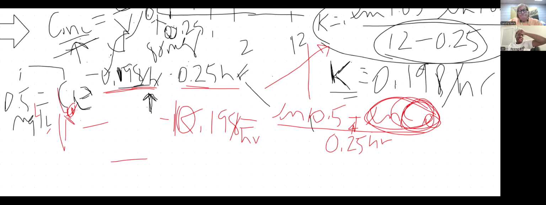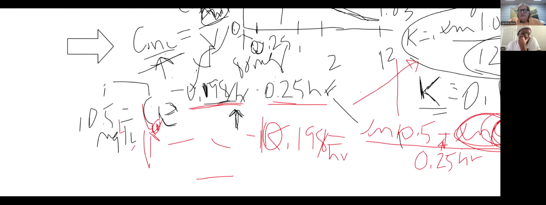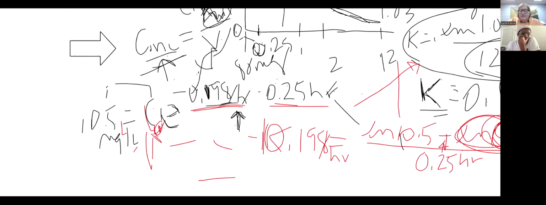I'd rather do it that way because when you see it on the graph, at zero at this concentration, it's 10.5. That will be one. It's important to know that C0 doesn't have to happen at time 0. It could happen at time 10 minutes, but this one has to come after that.